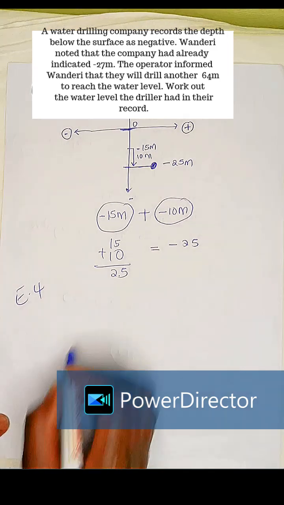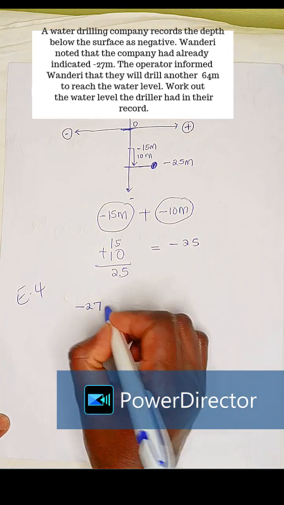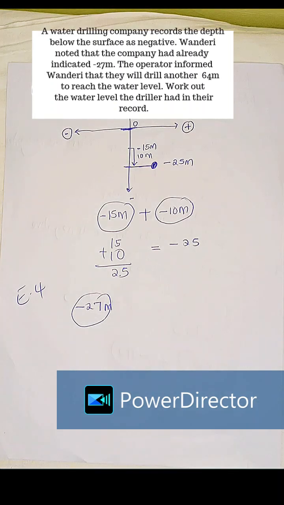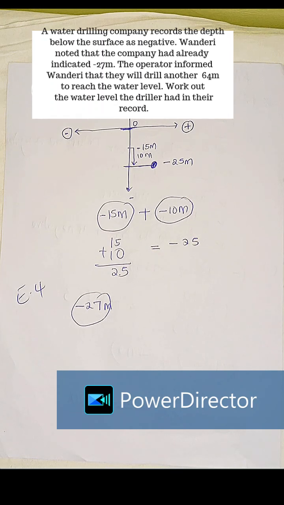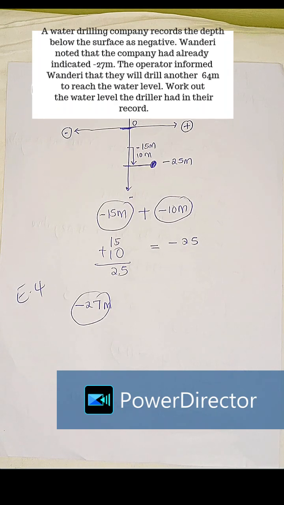So, their record already had negative 27 meters. The operator informed Wanderi that their record indicated that they will drill another 64 meters to reach the water level. So remember, this water drilling company is drilling downwards. They are looking for the water down the earth, okay? That is how boreholes are drilled. You drill downwards so that you can look for the water.